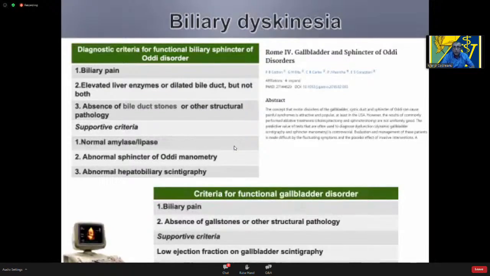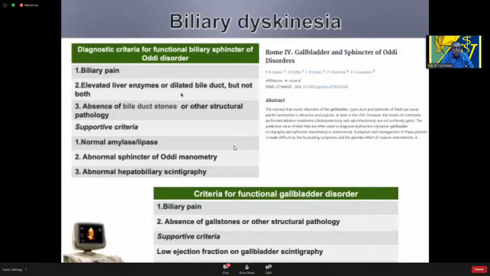We can talk here about the absence of bile duct stones or other wall changes or structural pathology. And in addition, as supportive criteria, we can talk about the normal activity of the amylase and lipase enzymes.